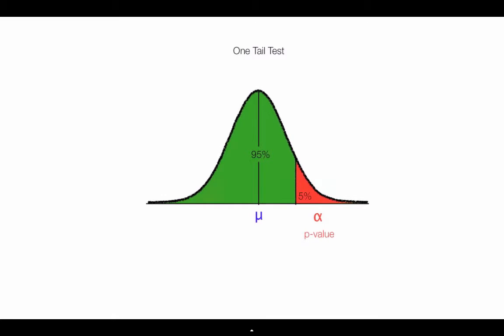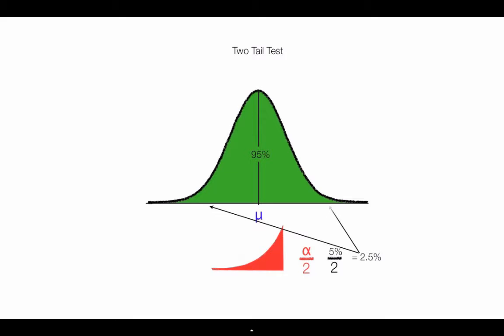Now, when I create a two-tail test at a 95% level of confidence, I will take that red area and I'll put half of it to the right and half of it to the left. In other words, I take alpha divided by 2. So I take the 5% divided by 2, and I put 2.5% on the left side and 2.5% on the right side.